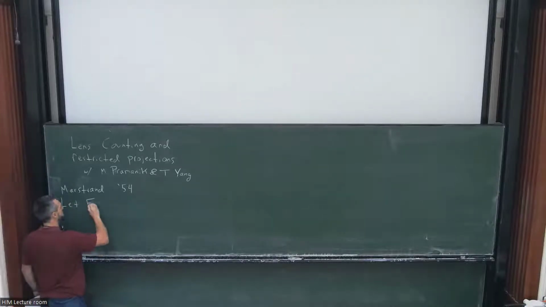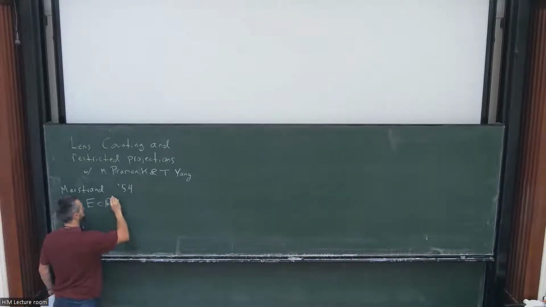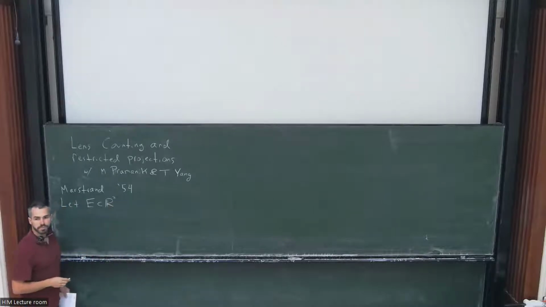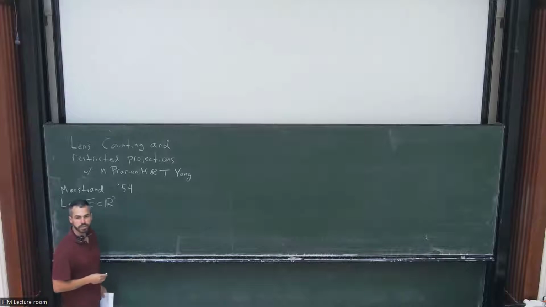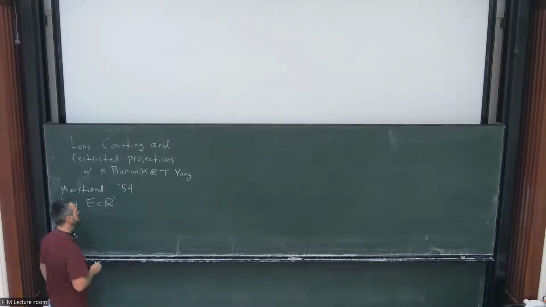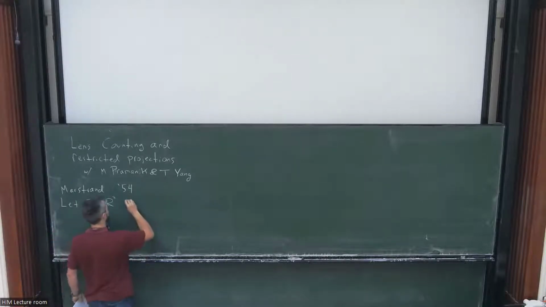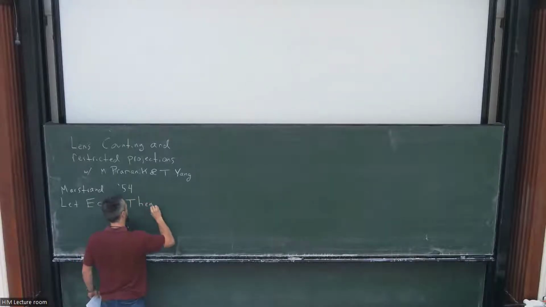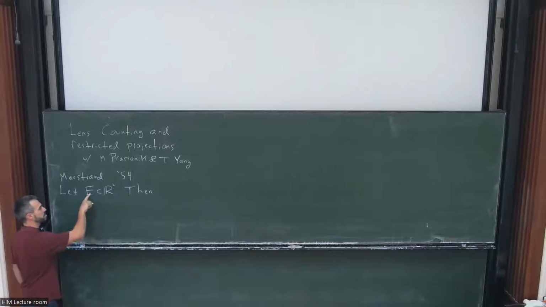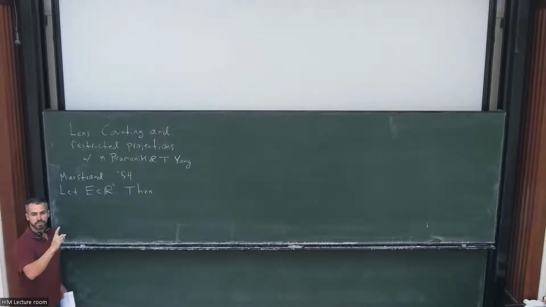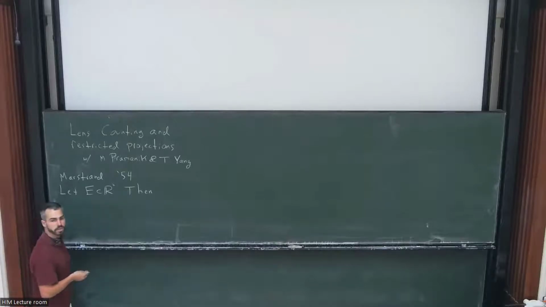Let's say I have some set E in the plane. And maybe for what I'll talk about today, all my sets will be Borel. Maybe they can be slightly more general, but that's not really the thrust of what I want to talk about. Then I want to consider the linear projections of E onto linear subspaces of R2.